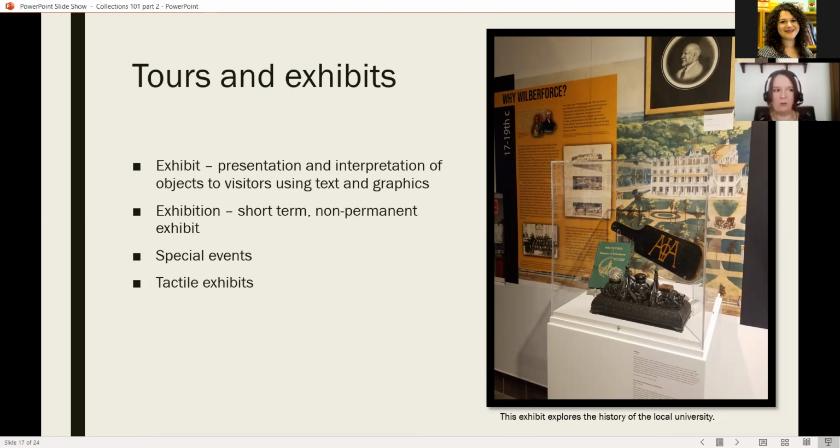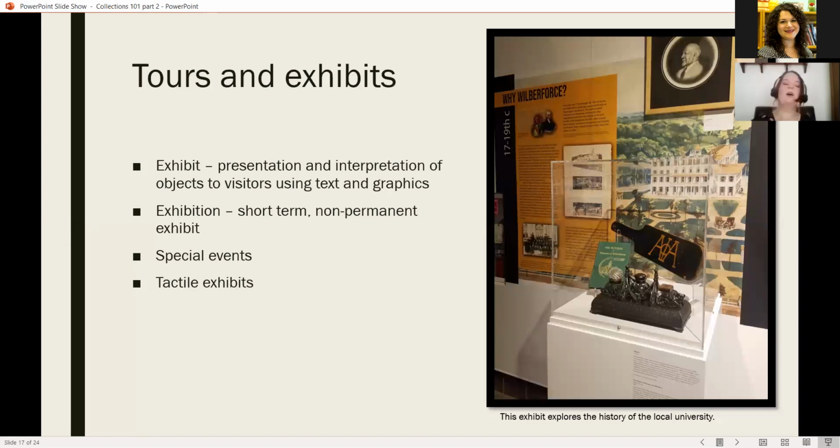And so if you have objects that you can make into learning exhibits, and say, okay, we have doubles of this or whatever, we can sacrifice it so that people can touch and interact and learn in a different way what this thing is and how it was used. That's always an option.